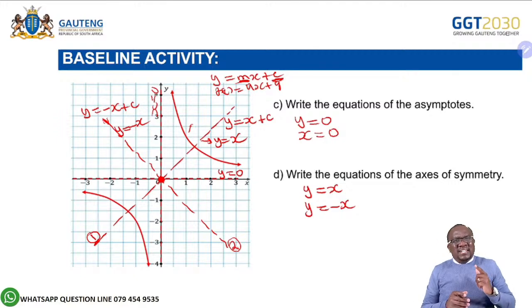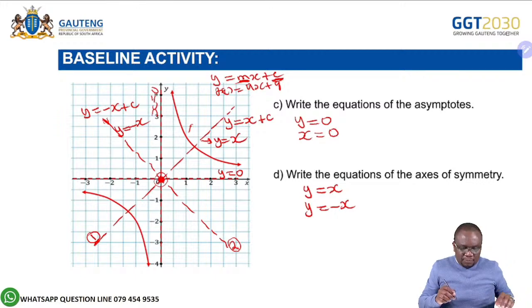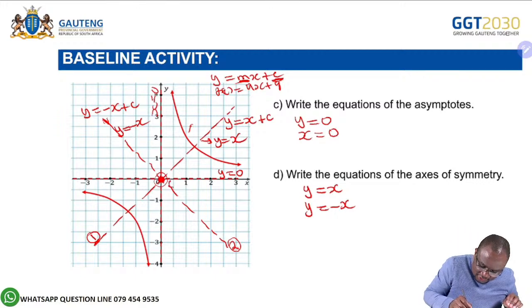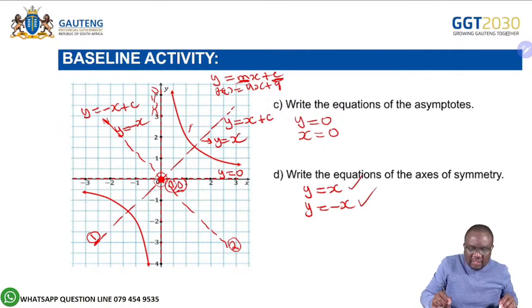The decreasing one, the gradient is negative 1. Then your c is where your lines pass the point where your asymptotes meet. Like here, the asymptotes meet at 0, 0. So our y is 0. So where there's c, you just write 0. Then 0, we don't write it. It's invisible. We remain with this and that.